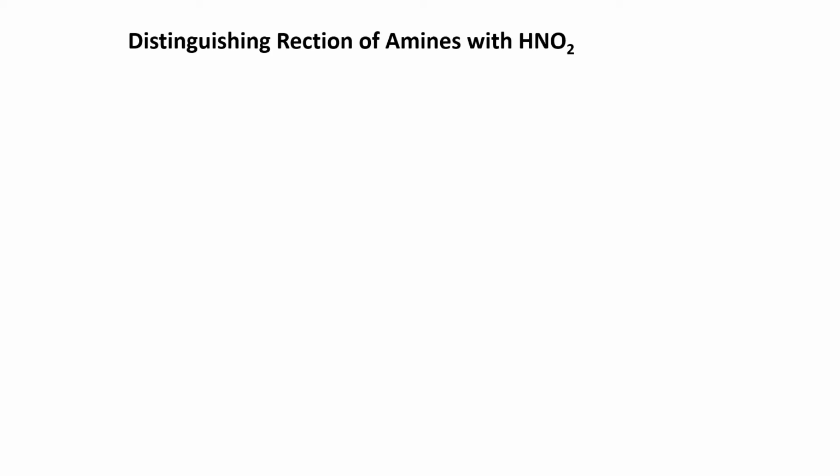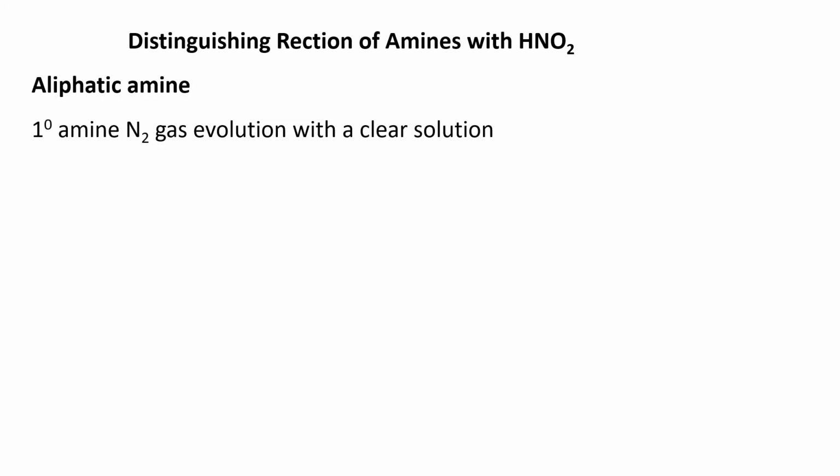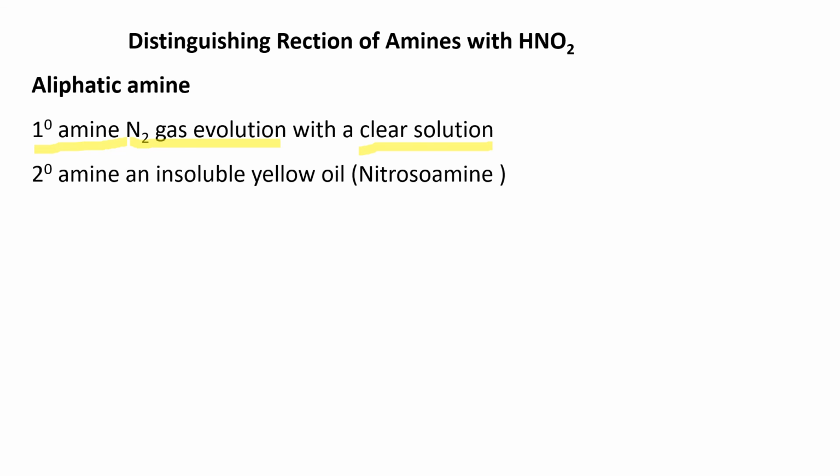So now to sum up the reaction of amines with HNO2, aliphatic amines and aromatic amines react differently. Hence we have to look at both the alkylamine and arylamine reactions. Here the primary aliphatic amine, when it reacts with nitrous acid, shows a rapid evolution of nitrogen gas with a clear solution because it forms an alcohol solution.